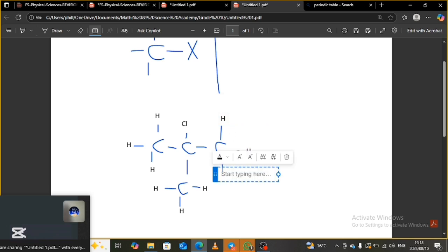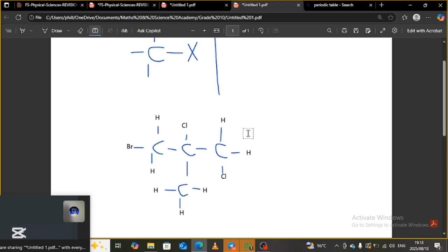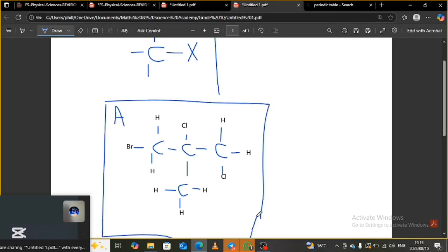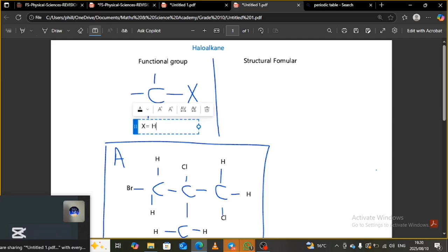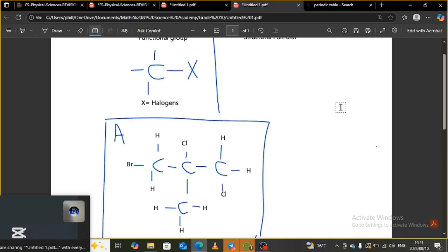Hence in this case, we can see that the functional group has no H's and X represents the halogens, whereas the structural formula actually shows everything as shown in compound A. As we can see from this, X represents the halogens, whereas in the structural formula, the halogens are actually there as chlorine and bromine.